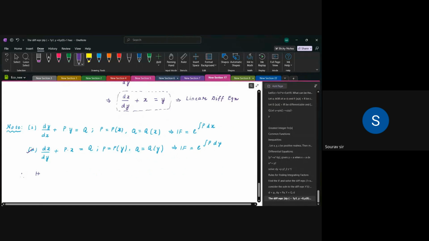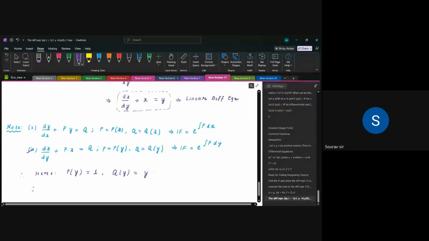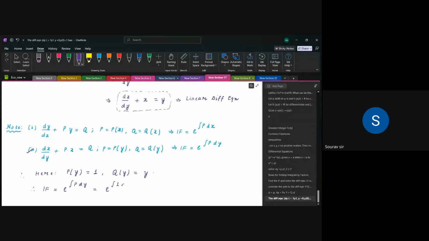Here, your p as a function of y is simply 1 and q as a function of y is y. So your integrating factor will be e raised to the power integration p dy, so e raised to the power integration 1 dy, which is simply e raised to the power y. And what is the next step of solving a linear differential equation?